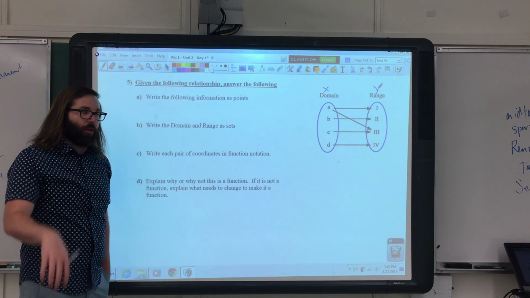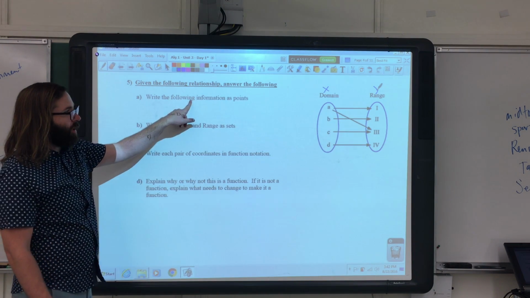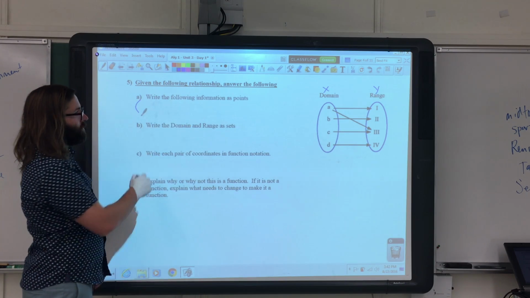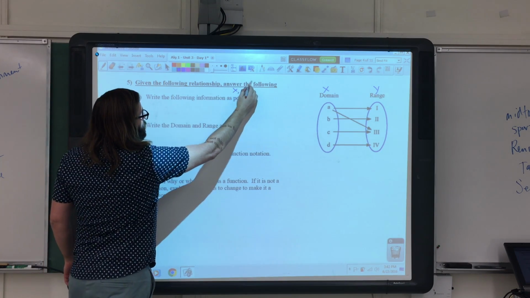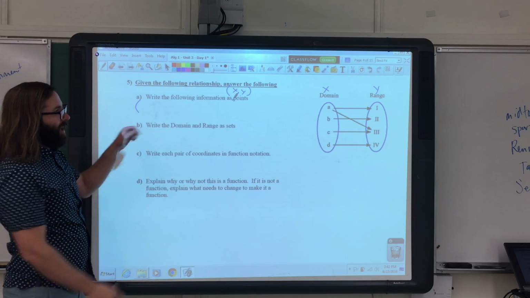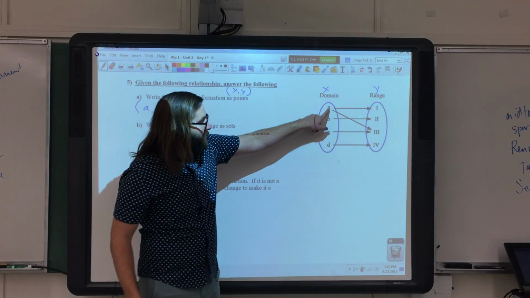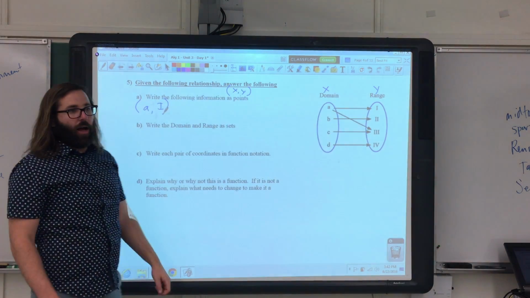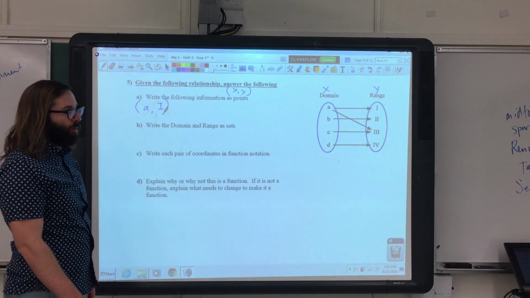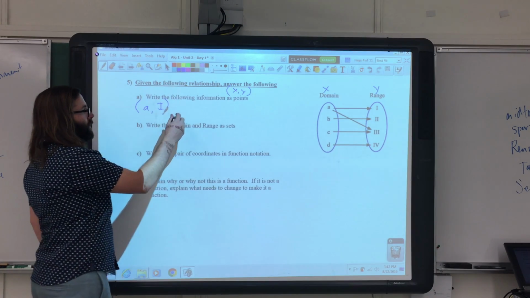All right, so let's go over this. Write them as points. Our first point, where x is x and y. Our points, we have A, I. So A is our x, capital I, or 1, talking Roman numerals, is our next point.